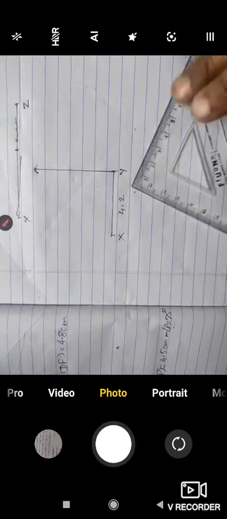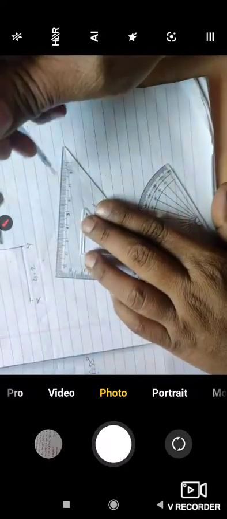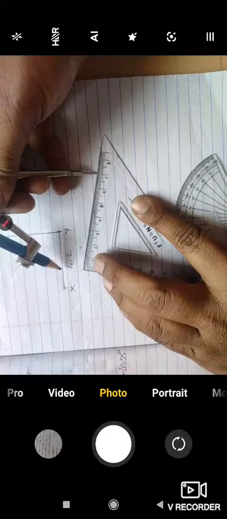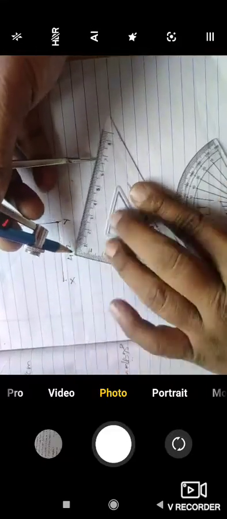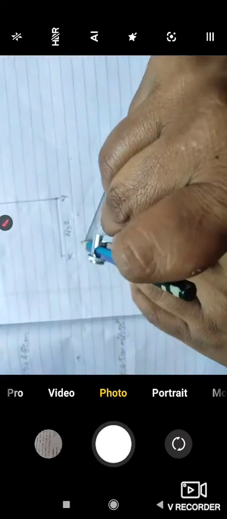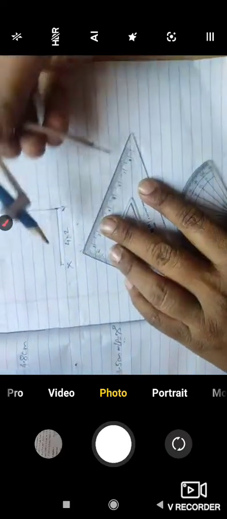Now here another measure: X is here and the hypotenuse is given to us, that is 7 centimeter. Now I will take 7 centimeter distance in my compass. This is 7 centimeter.